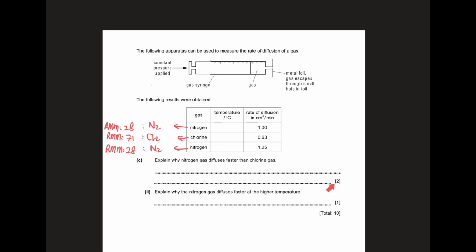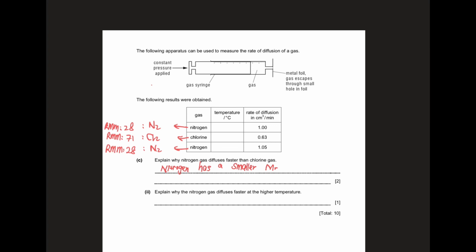Okay, so first point, you can say nitrogen has a smaller MR. Okay, MR is the acceptable short form to represent relative molecular mass. MR is relative molecular mass. Yes, correct. Relative molecular mass.